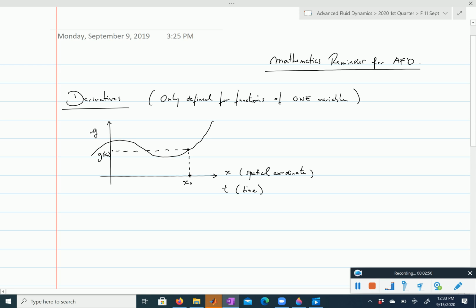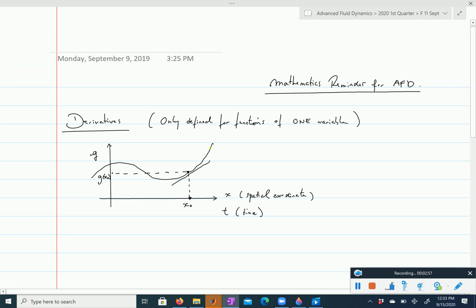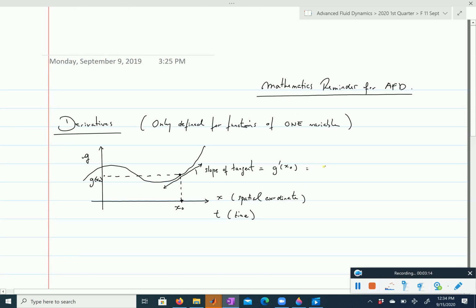This information is part of the derivative, and the derivative, as you've seen before, is really the value of the slope of a line which is tangent to your function. So the slope of this tangent is what we call the derivative, which we call sometimes g prime at x0, or you can also write it as dg/dx at x equals x0.